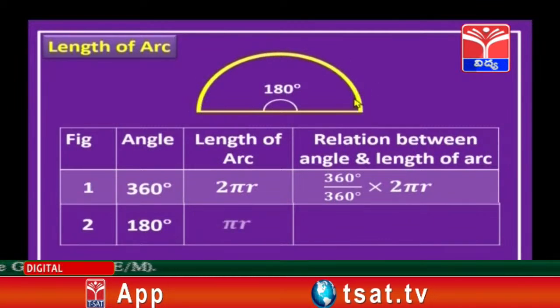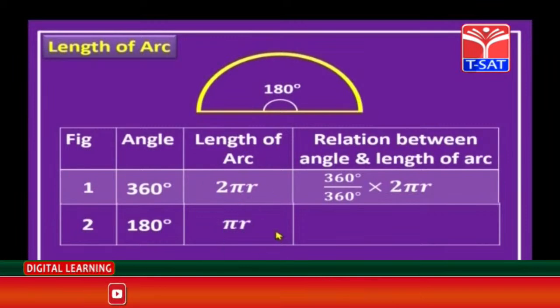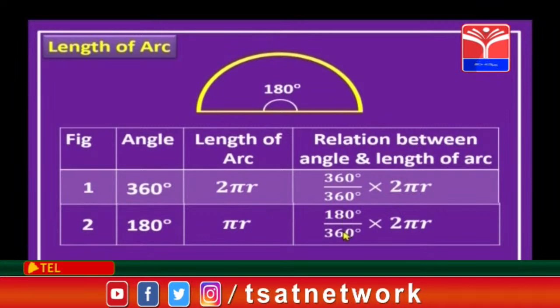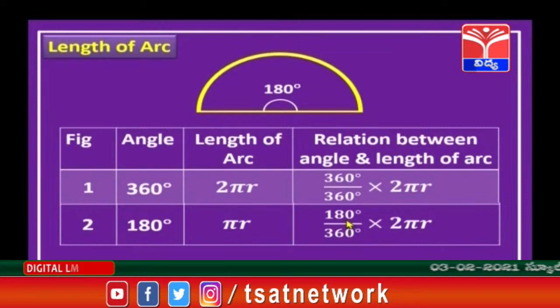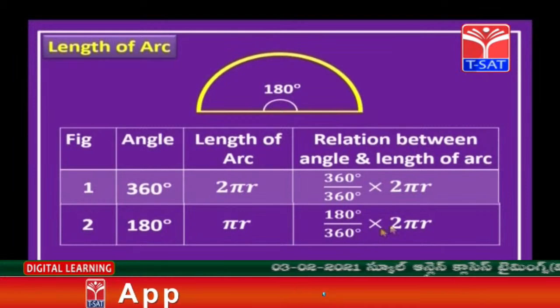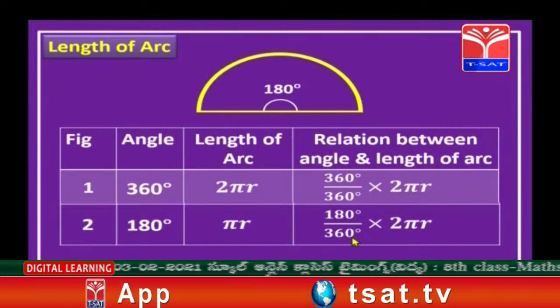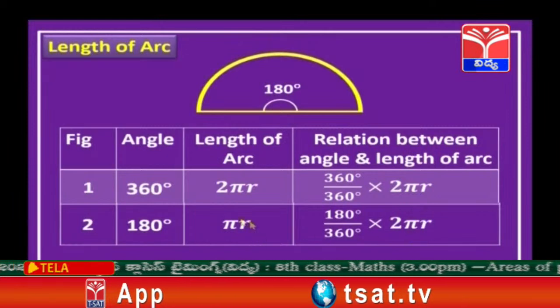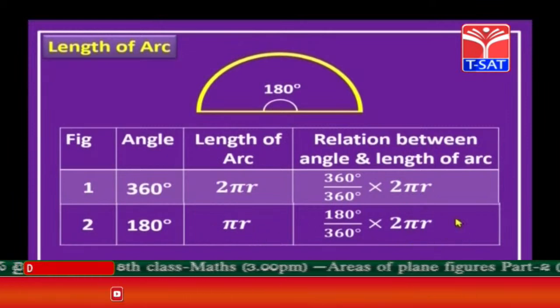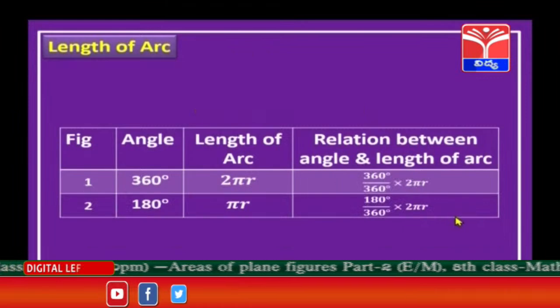That is half of 2 pi r, which is pi r. Now I will write this as 180 degrees by 360 degrees into 2 pi r, because 180 by 360 will come 1 by 2, and here we have 2. Both the 2 will get cancelled and we get pi r here, and here also we have pi r. So both are equal.